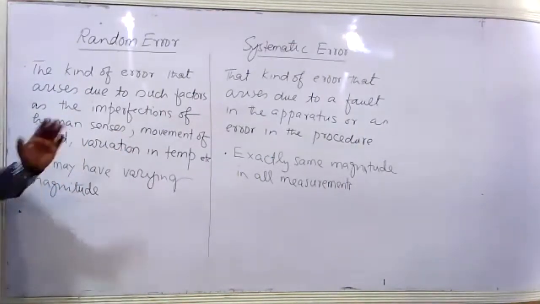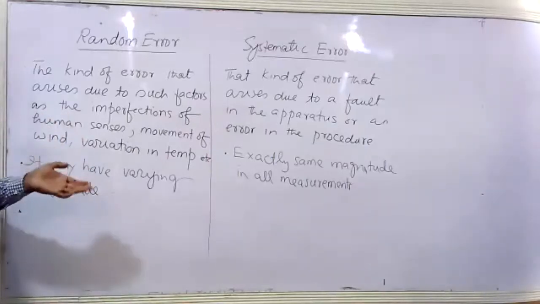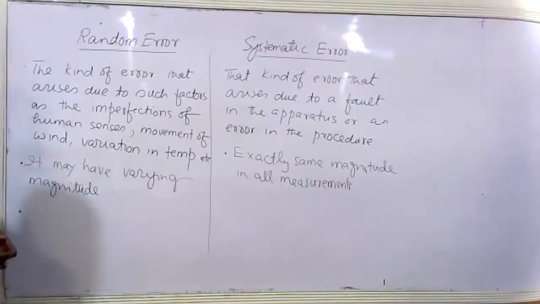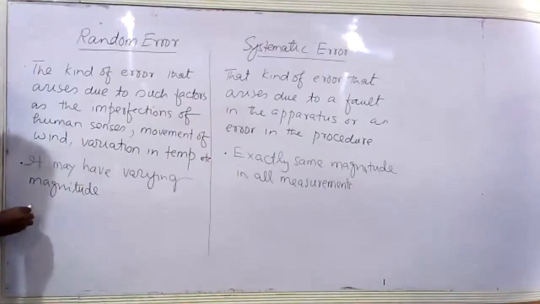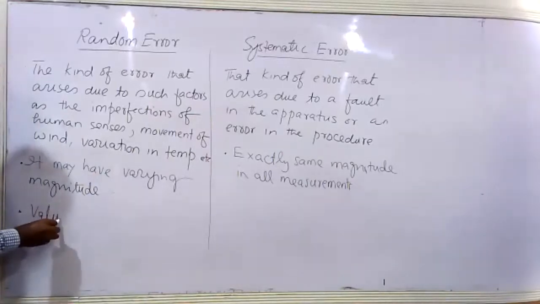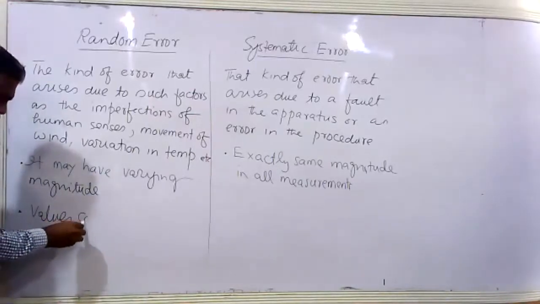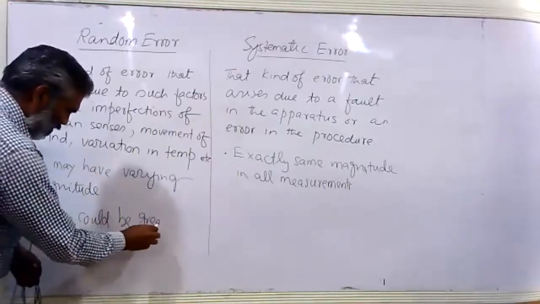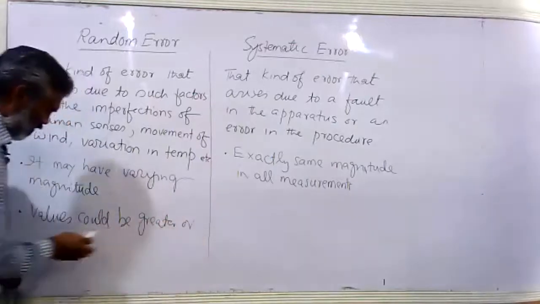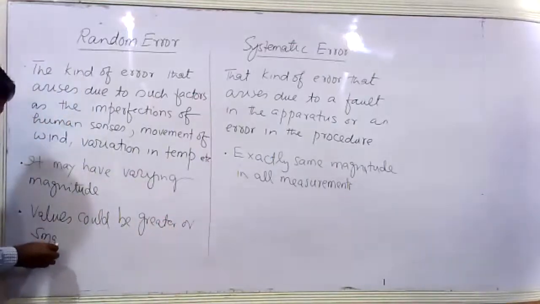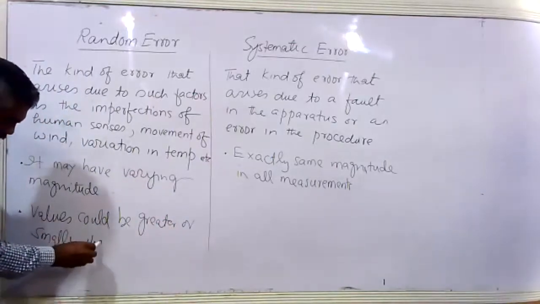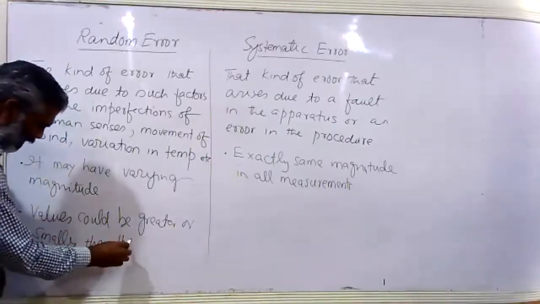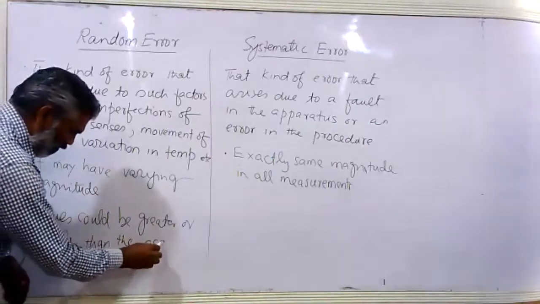So it may have a scatter on both sides. So it might have values greater or smaller than the accurate or correct value.